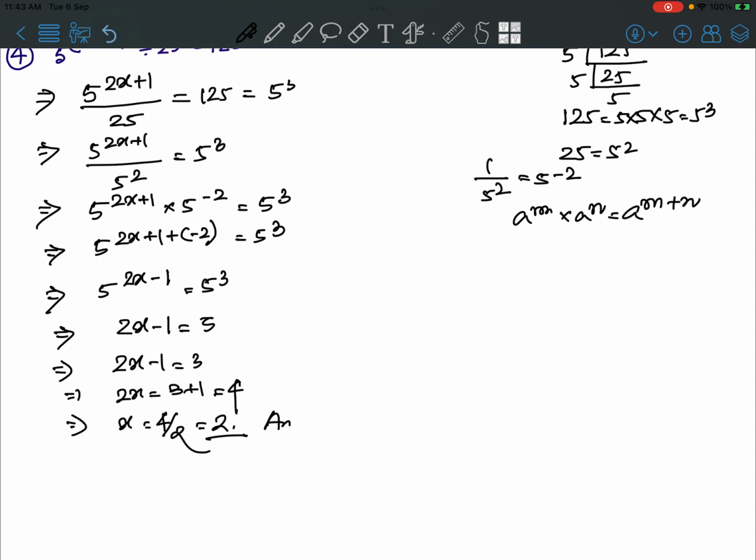This is the answer. From here we can do it another way. What is the other way? 5 to the power 2x plus 1 divided by 5 square equals 5 cube. In the right hand side, the denominator does not have anything, that means 1. So we can cross multiply.